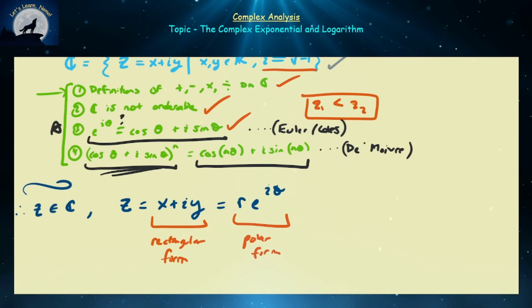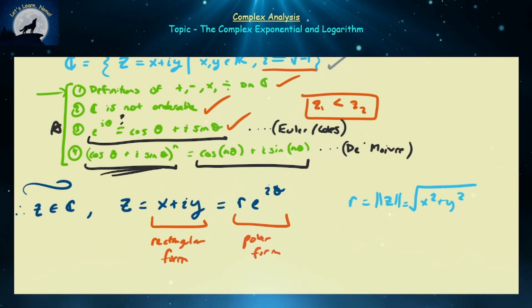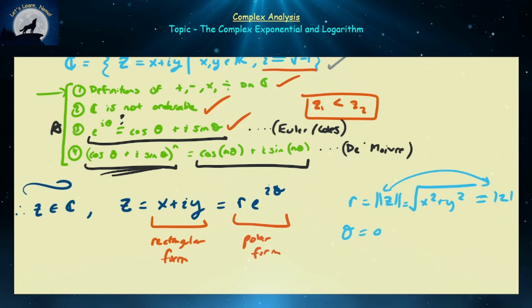And if you do not know what r and theta are, then r, sometimes called the magnitude of the complex number, is sometimes written as the norm of z. This is just going to be equal to the square root of x squared plus y squared. Some people will also use that as absolute value, so make sure that the notation that you're using is consistent. And then theta is defined to be equal to the argument of z.